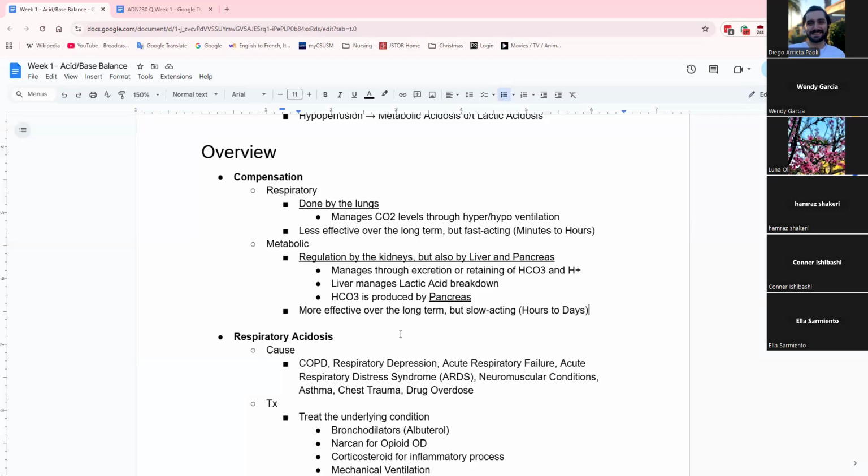Supplementation. So supplementation and just working with the other systems, so the lungs, the kidney, and the liver, will be the primary things there.